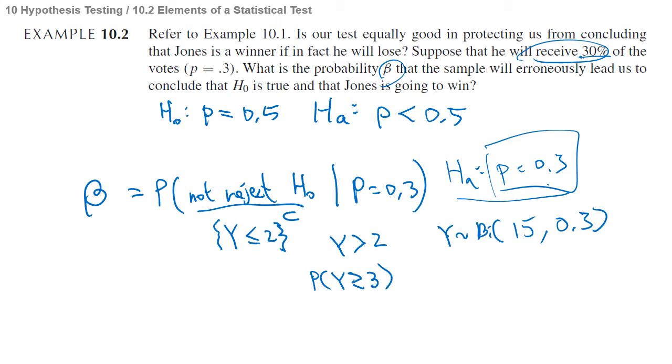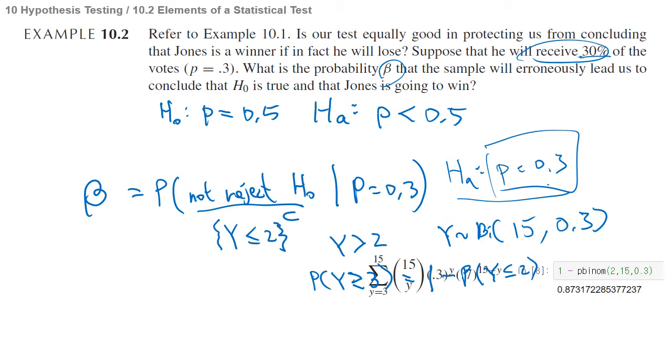This is 1 minus the probability of y less than or equal to 2, and we can calculate it using R: 1 minus pbinom(2, 15, 0.3), and that is our beta.